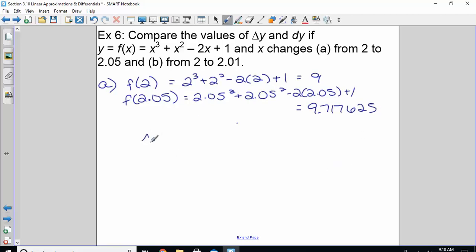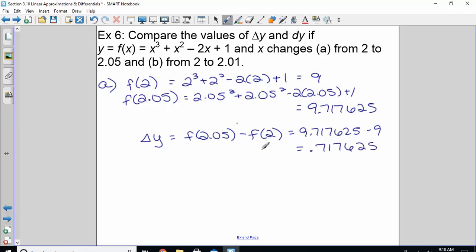So for the actual change in y, we are just going to subtract those. The ending y value minus the beginning y value. So that's my true change in y.